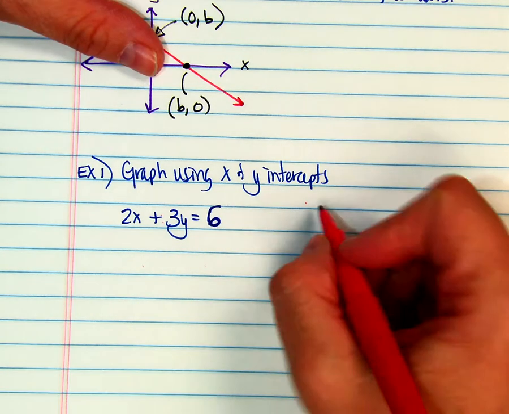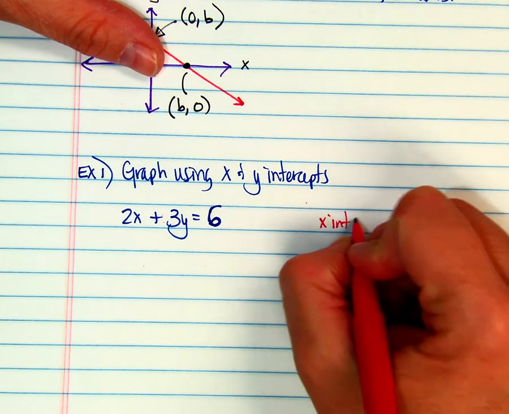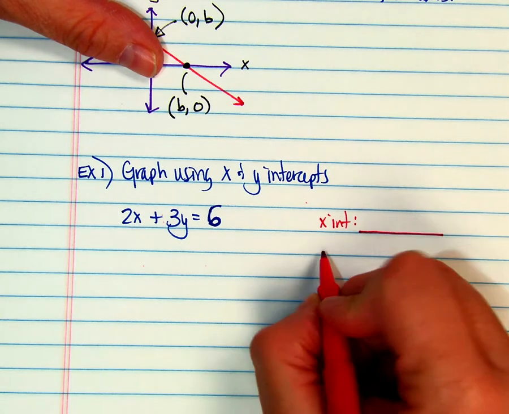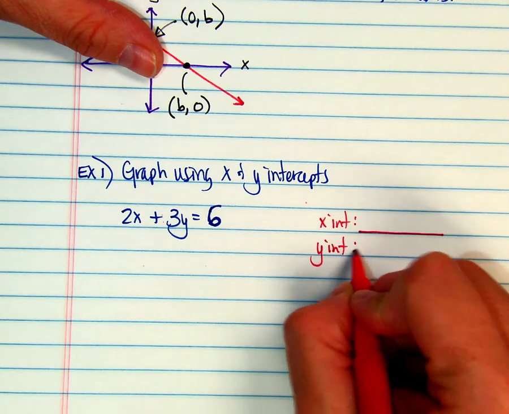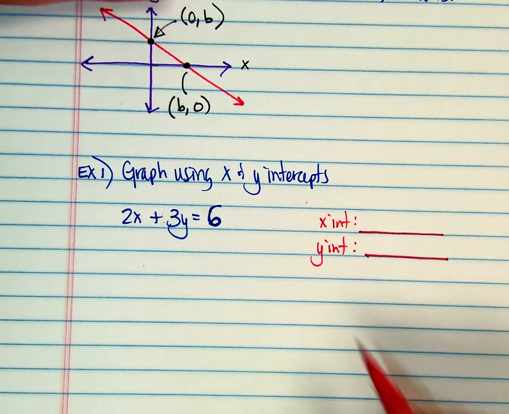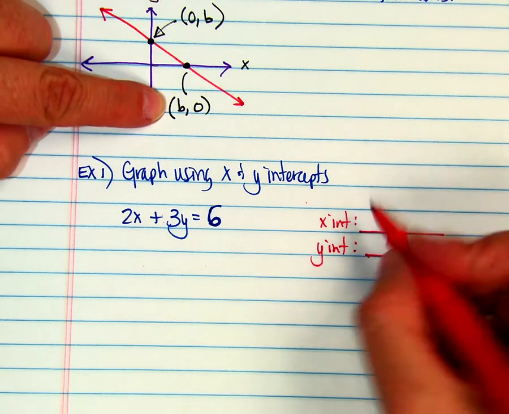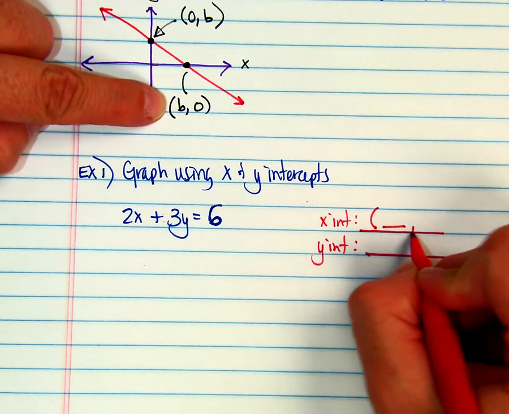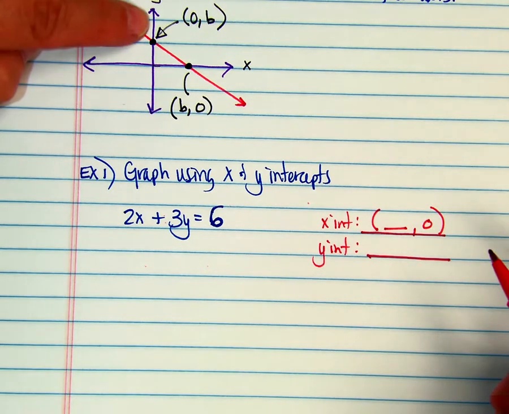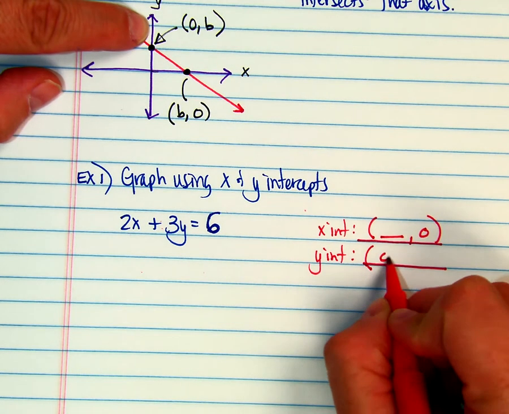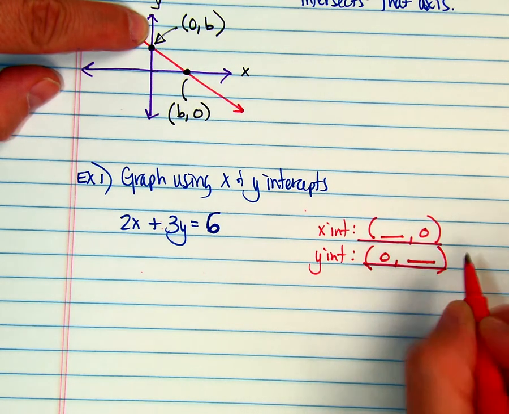So I'm looking for the x-intercept and the y-intercept. Remember we said up here that the x-intercept is some number, 0, and the y-intercept is 0 and some number.